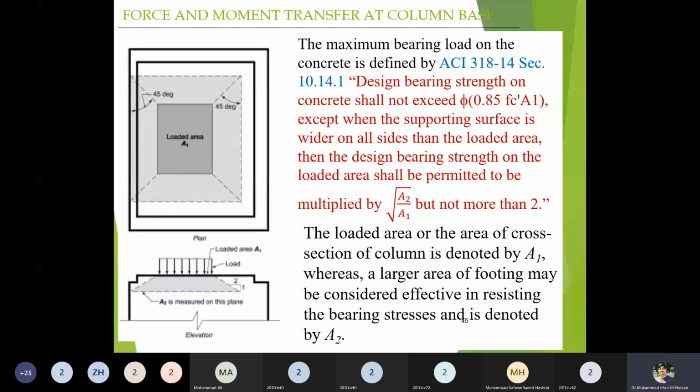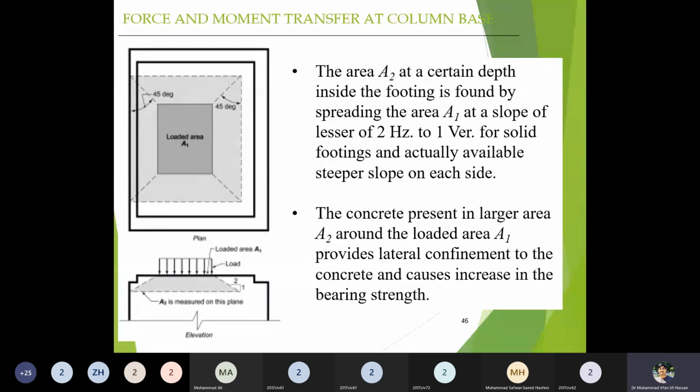A1 is the area of the column, and because the supporting element, the foundation, is larger than the column area, we make a triangle of 1 to 2 and extend it into the footing. The area A2 at a certain depth inside the footing is found by spreading the area A1 at a slope of the lesser of 2 horizontal to 1 vertical for solid footing and the actually available steeper slope on each side.